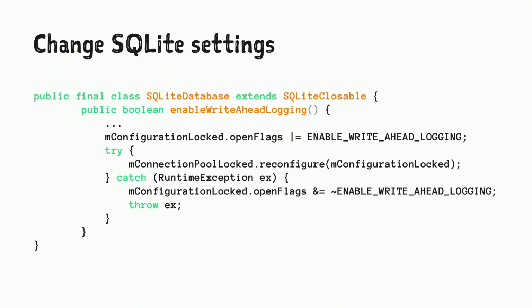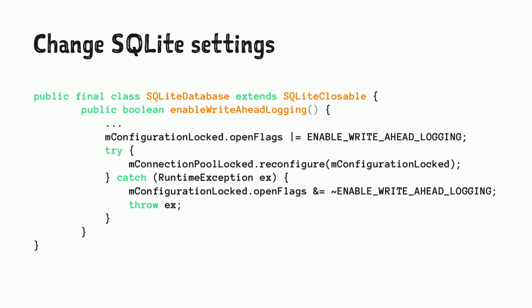So now that we know the difference between rollback journal log and write-ahead log, and we want to change our settings, and we would like write-ahead logging, which is usually the case, because it is faster and it does allow for more reads to occur at the same time.